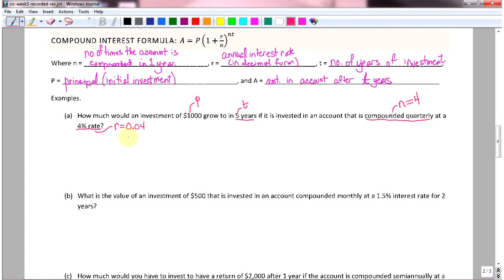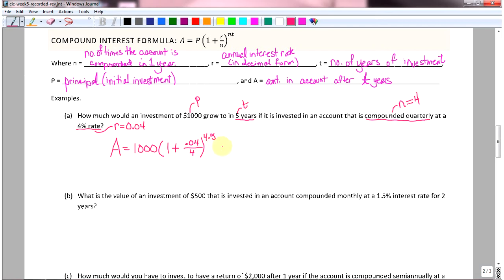So now we have all of the values we need to figure out A, the amount of the investment after these 5 years. It's equal to the principal, which is 1,000, times the quantity 1 plus r, which is 0.04, divided by n, which is 4, all of that raised to the n times t power, so 4 times 5.